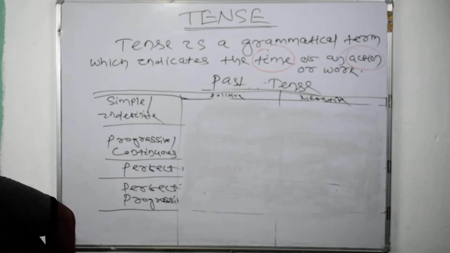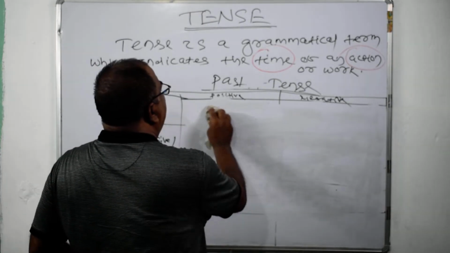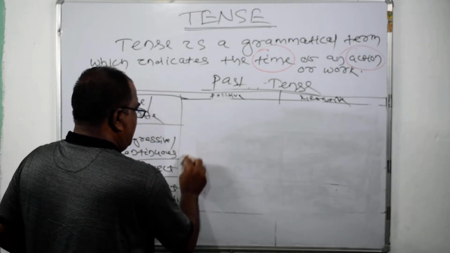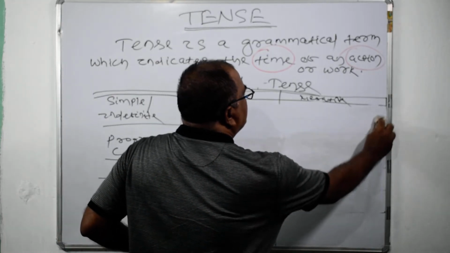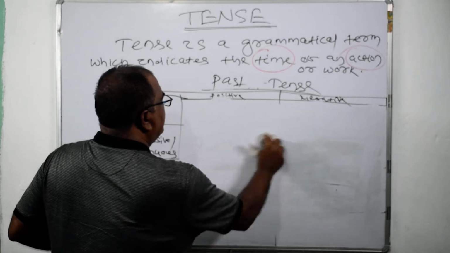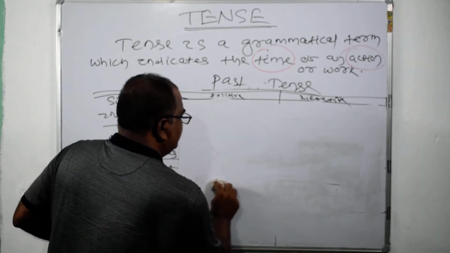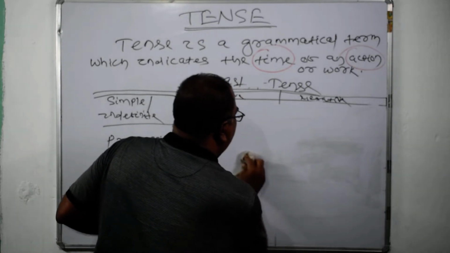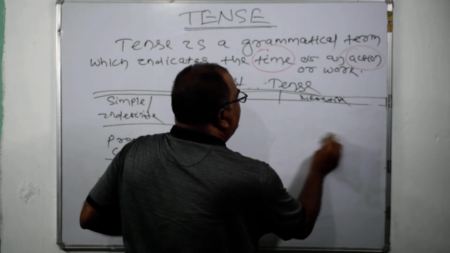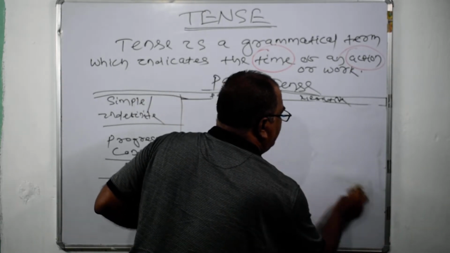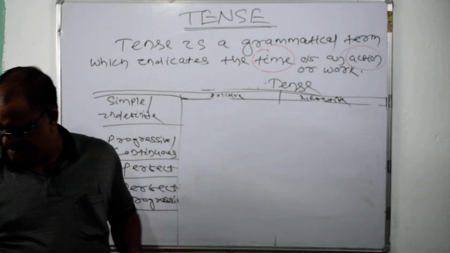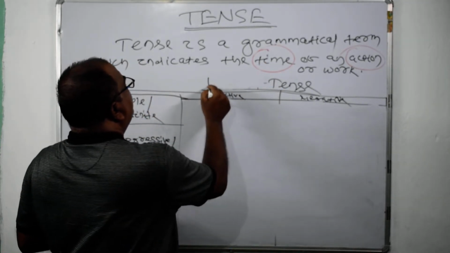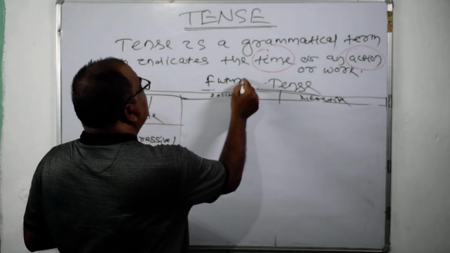Future tense. Like present and past tense, the future tense also has four forms: simple or indefinite, progressive or continuous, perfect, and perfect progressive.